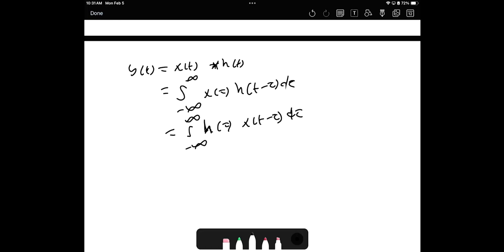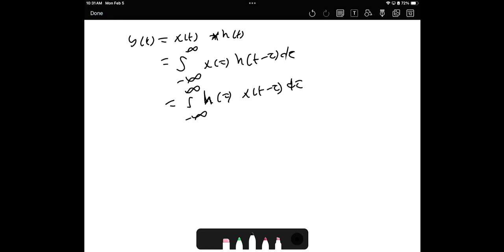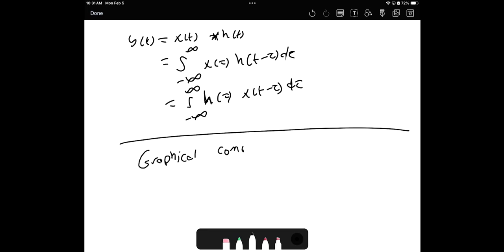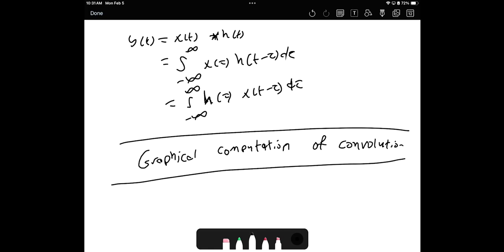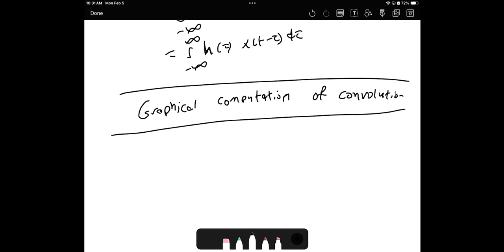Now, I have something else, other than this calculation, which is called graphical computation of convolution, which is how to do the convolution in a graphical way, not equations. So basically, we will have h of t and x of t, and we need to do the convolution between them.